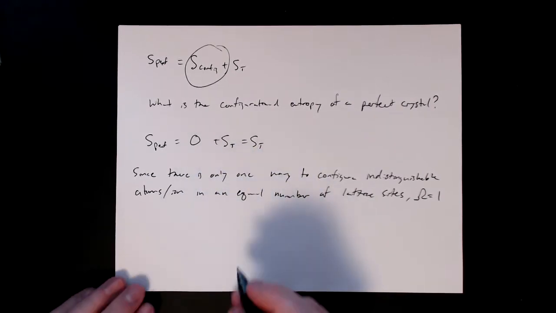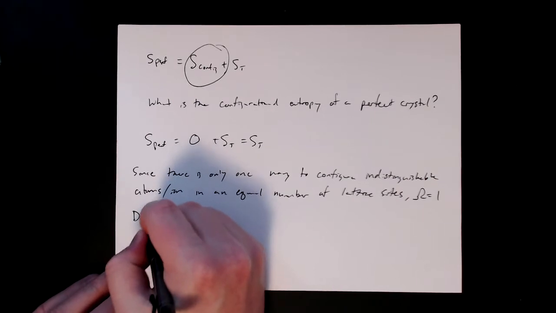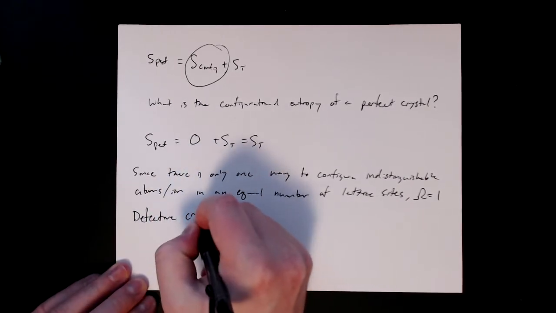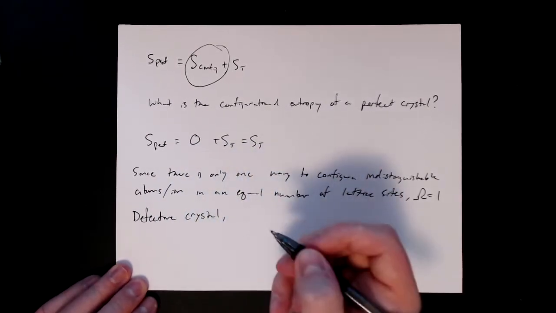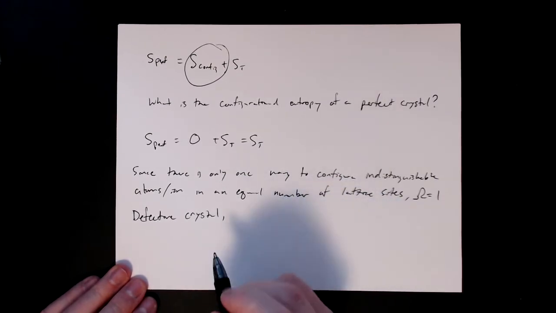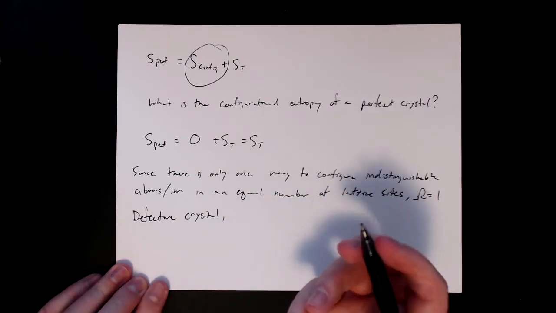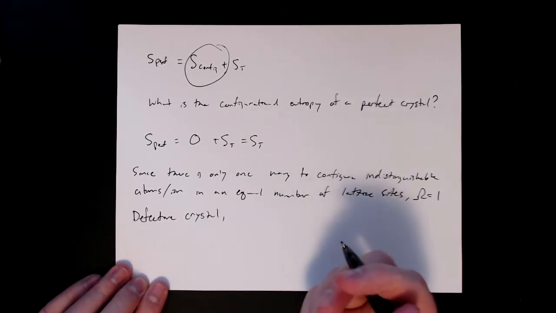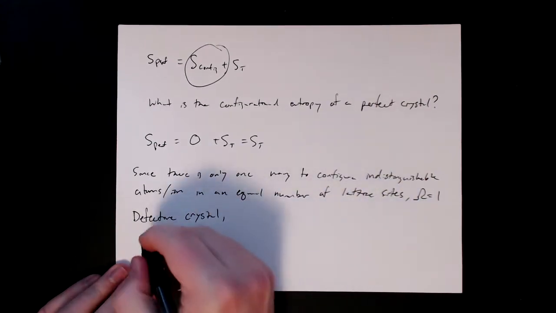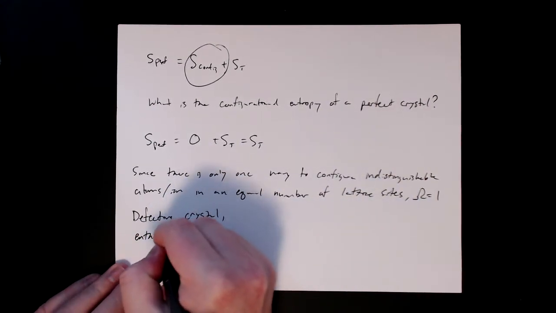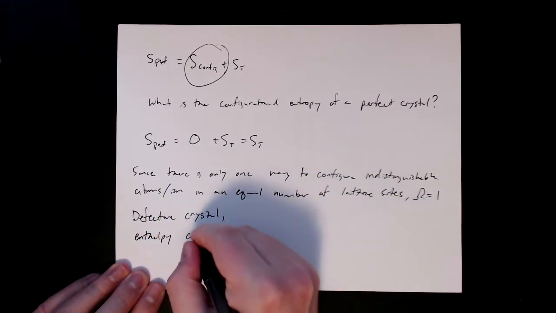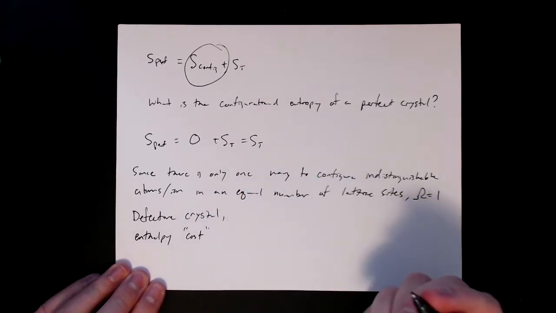All right, so let's jump to the defective crystal now. For our defective crystal, we assume that there's an enthalpy cost to create one vacancy, so that means it's endothermic.